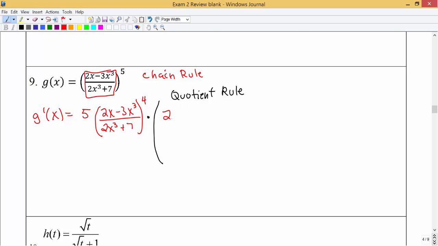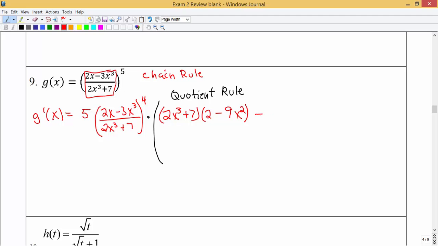So it's the bottom, or the denominator, times the derivative of the numerator. So the derivative of the numerator, so we're just looking at the top part of that fraction, that would be 2x, or 2. So the derivative of 2x would be 2, minus, and we're going to use the power rule here, so that would be minus 9x squared.